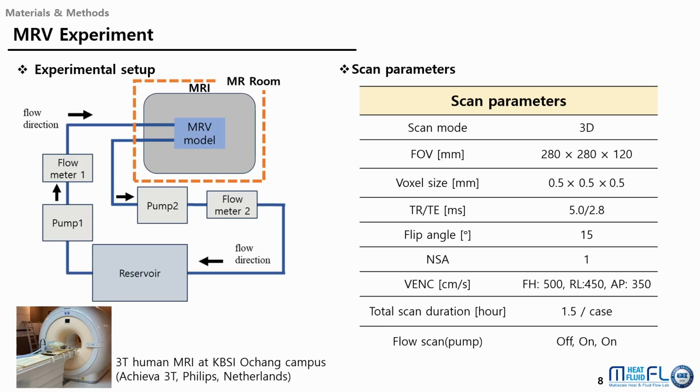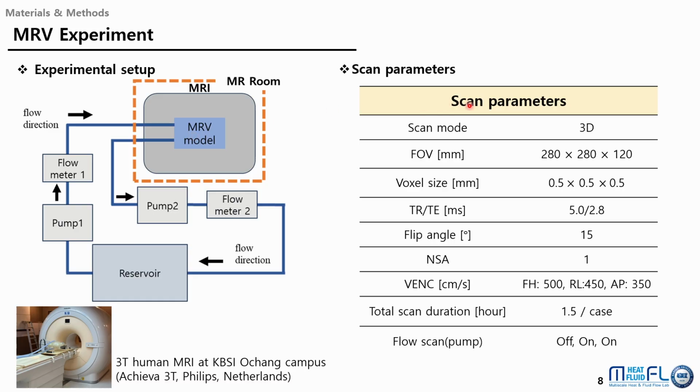This is the MRV setup used to measure the dishwasher flow. The flow loop consists of 2 pumps, 2 flow meters, and a reservoir. And the 3D printed model was placed inside a 3T human MRI at KBSI Ochang.